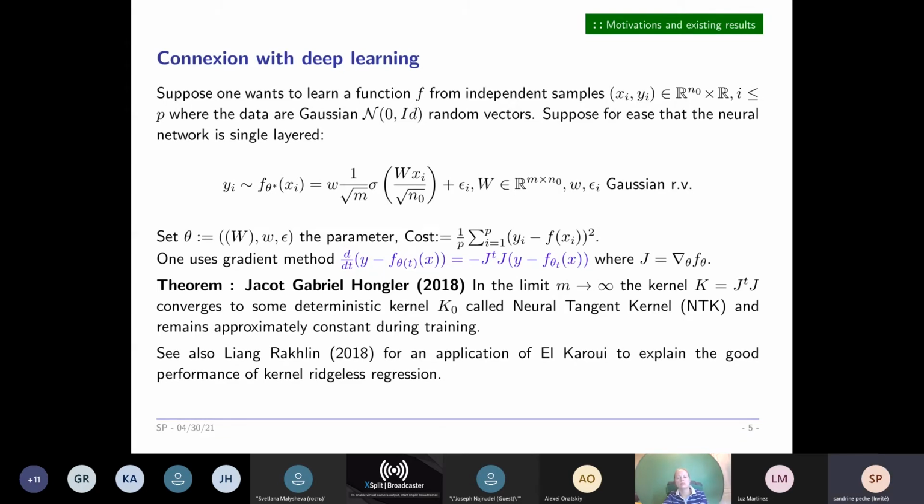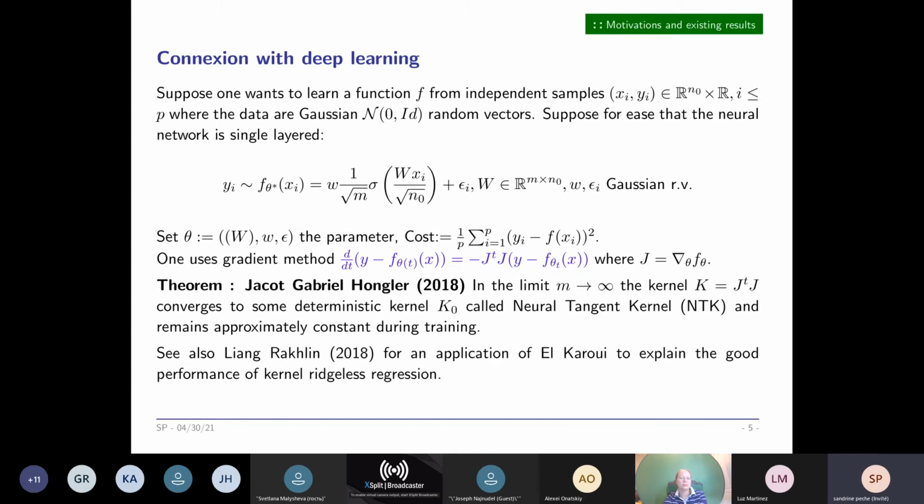Okay, so f theta of t is simply this function f theta above evaluated when the parameter is updated according to the gradient descent.